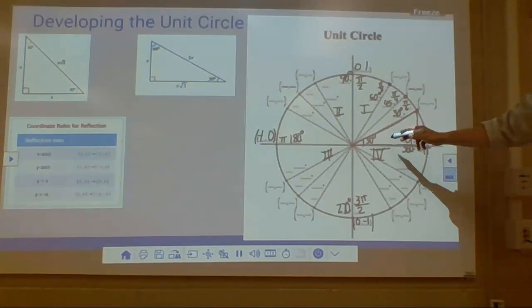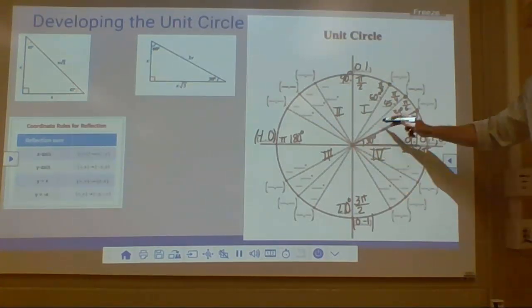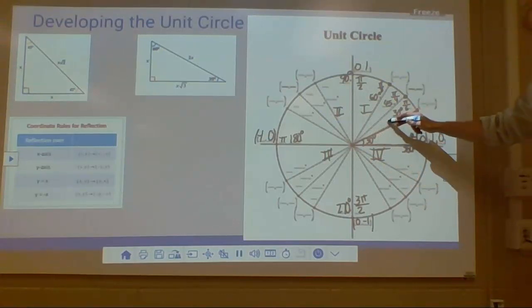So now what we're going to have here is a 30-60-90, because we got a right angle right here, right? 30-60-90 right triangle. All right, so now I know that this is the short leg. I know this is the long leg. I know this is the hypotenuse. Remember, the hypotenuse is always going to be 1 unit. Okay, so this hypotenuse is 1 unit.